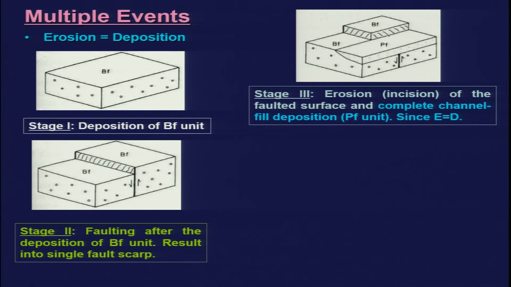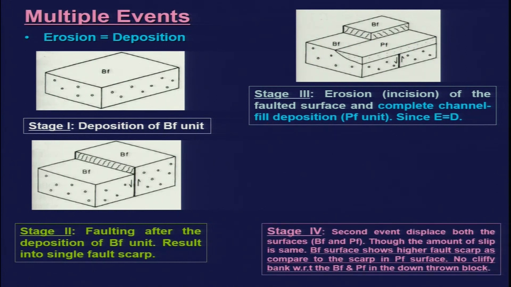This has nothing to do with that, because this was the portion which was eroded and filled up by the next phase of aggradation or deposition, which deposited PF, okay. So, this faulting event has been covered by the PF unit. So, we have erosion of the faulted surface and complete channel fill deposition, since E is equal to D here.